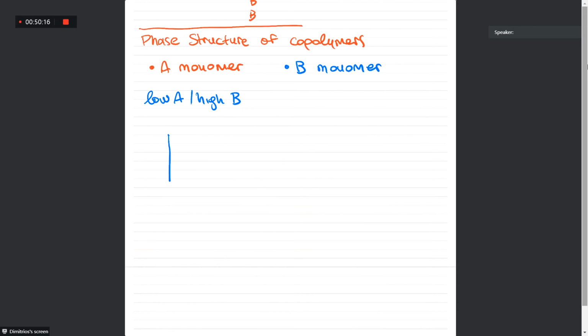So in this case, we have a cubic structure. My drawing skills are not great. You'll realize that very soon.